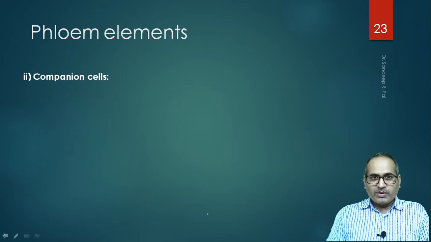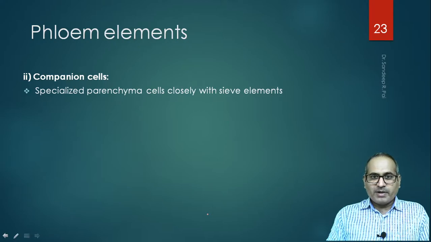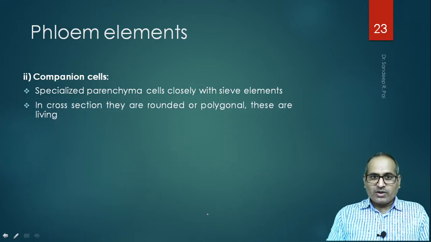The next part we are going to see in phloem elements is companion cells. They are specialized parenchyma cells closely arranged with sieve elements. In cross section they are rounded or polygonal.